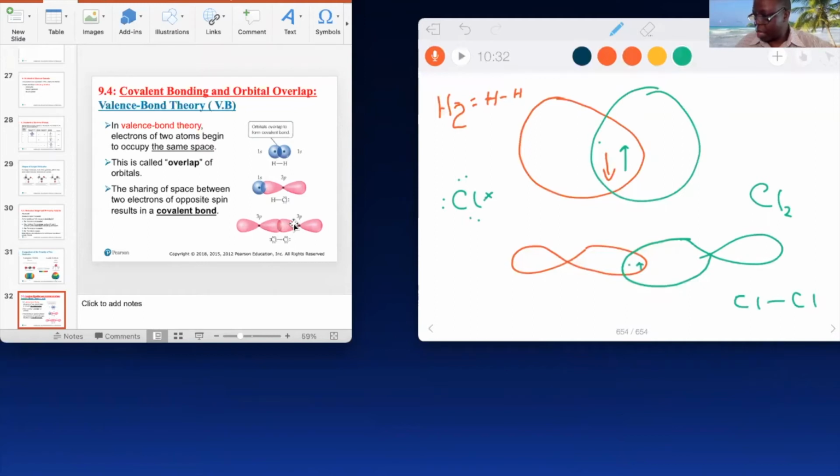This explains how the covalent bond is formed.